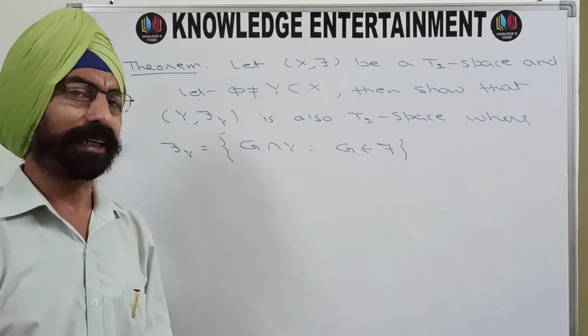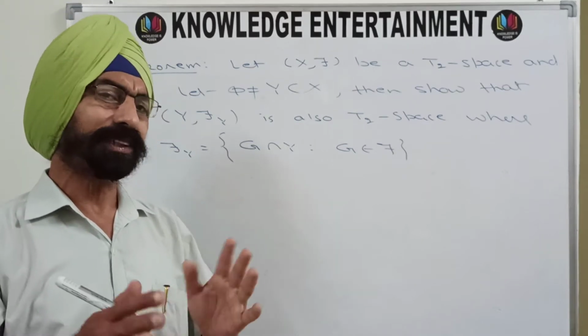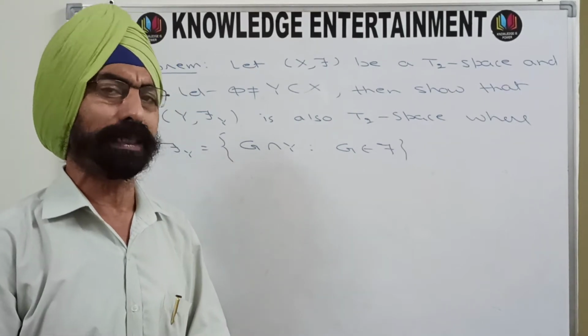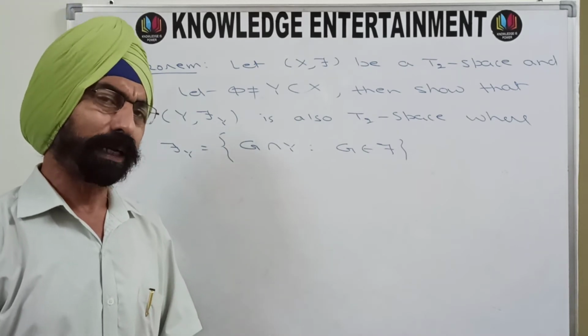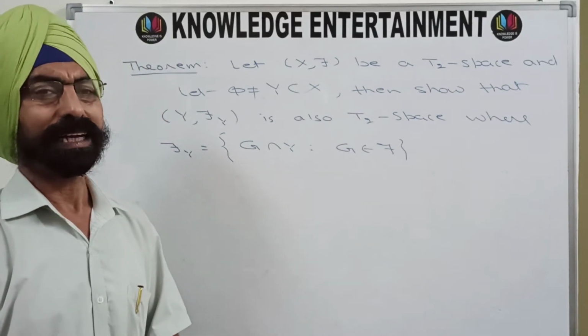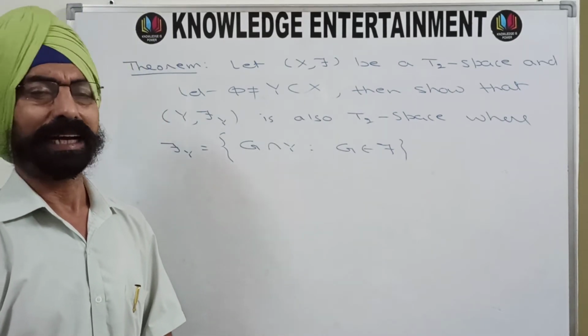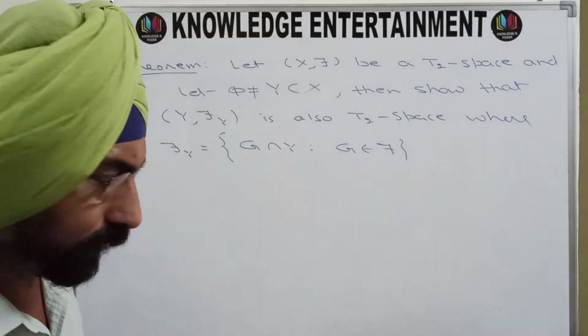That means we have to show that if a topological space is T2, then its relative subspace is also a T2 space. That means the property of being a T2 space, or you can say the Hausdorffness, is a hereditary property. So that is what we are going to prove now.